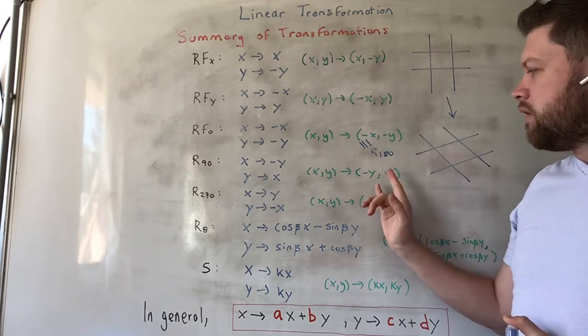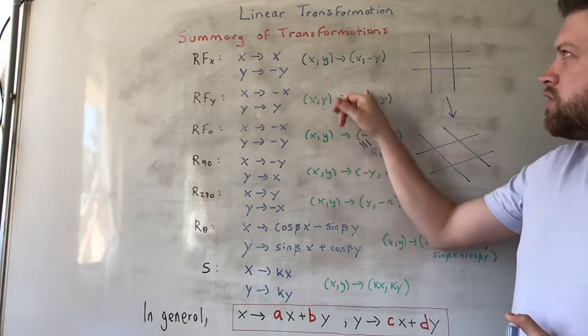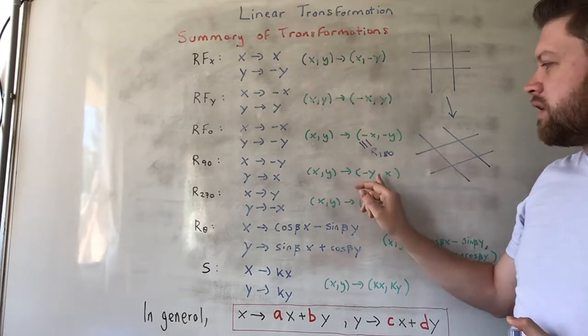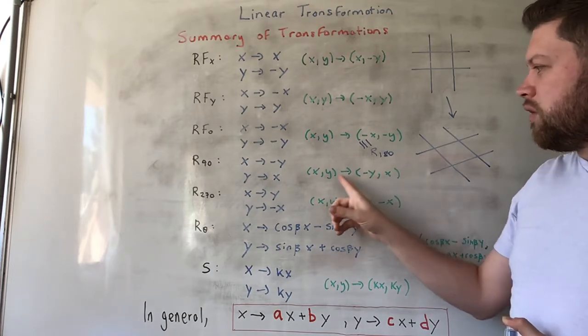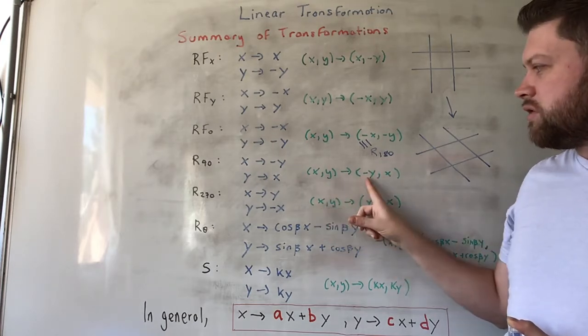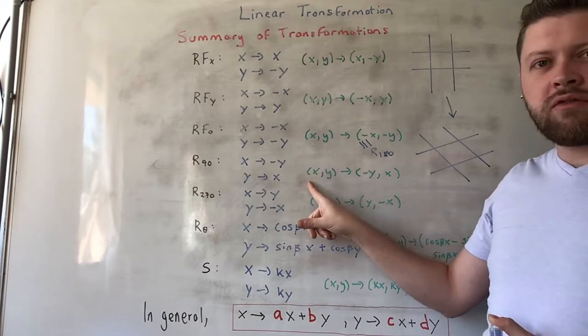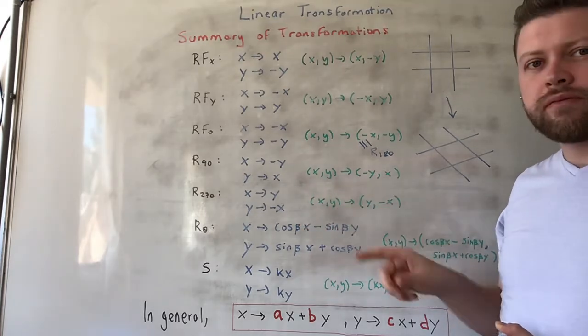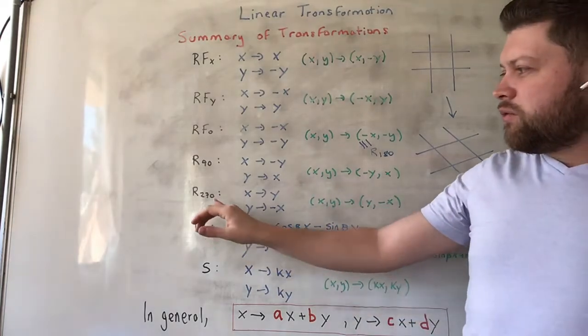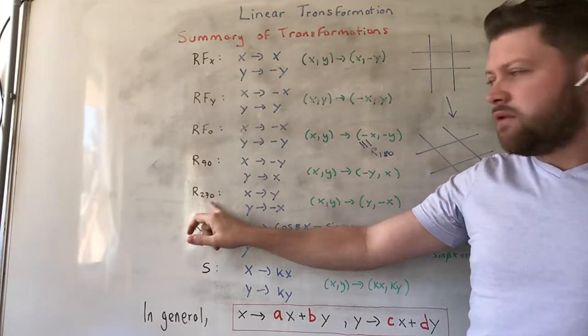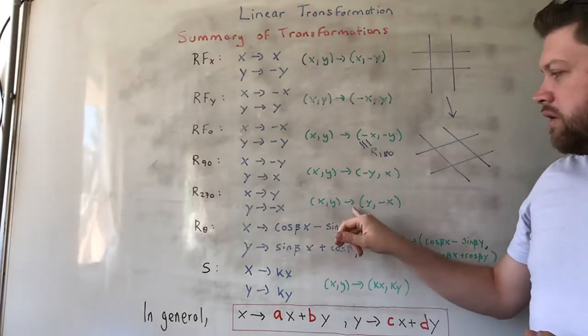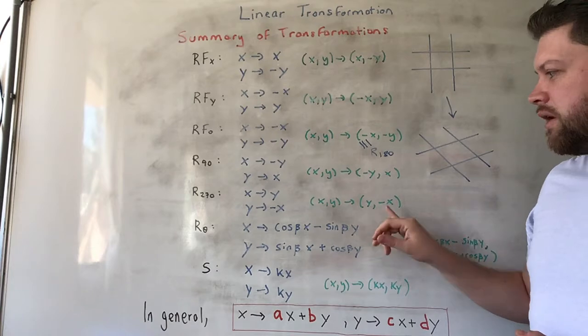So you can see it hasn't just changed the sign on the x and the y, but it's actually flipped them. It's moved what was the y coordinate to the x position, and what was the x coordinate to the y position. A rotation of 270 degrees takes the point (x, y) to the point (y, -x). Again, a mixing.